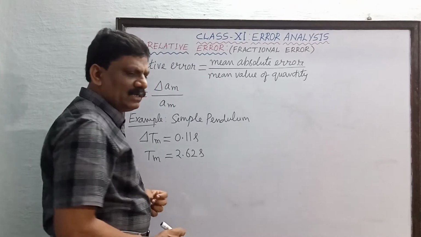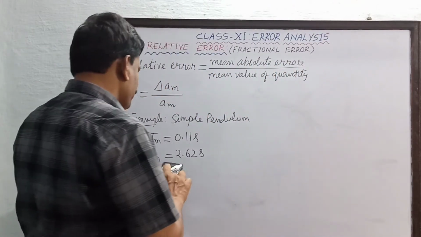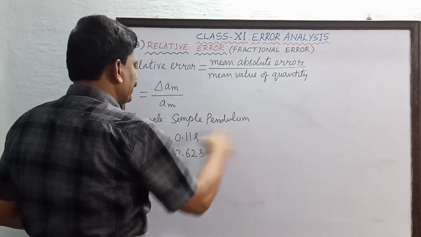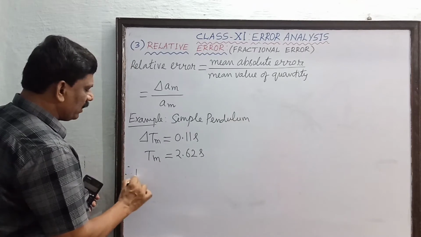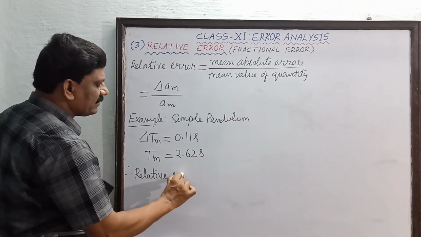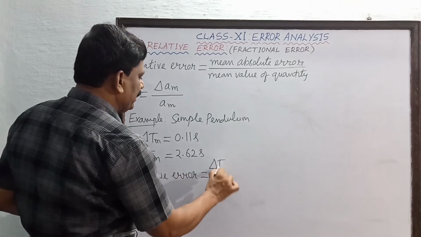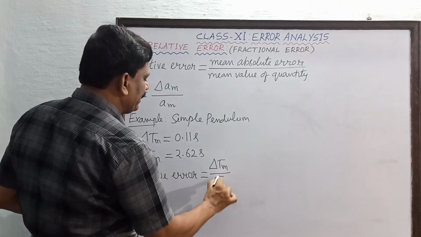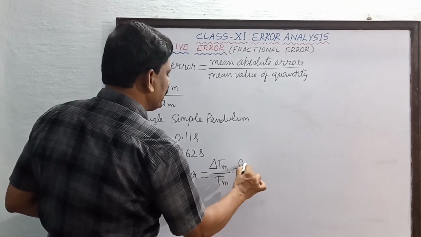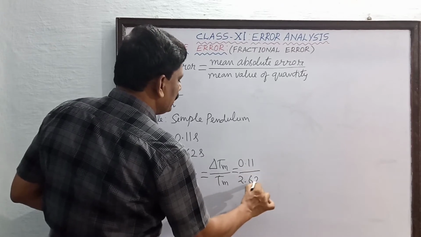So in the previous calculation we arrived at these values. Now using a calculator we can find out the values. What is the relative error in the case of a simple pendulum? Relative error is equal to delta Tm divided by Tm, which is 0.11 divided by 2.62.